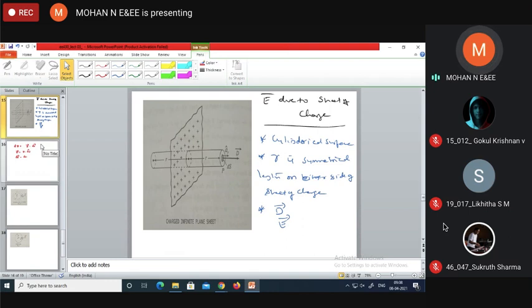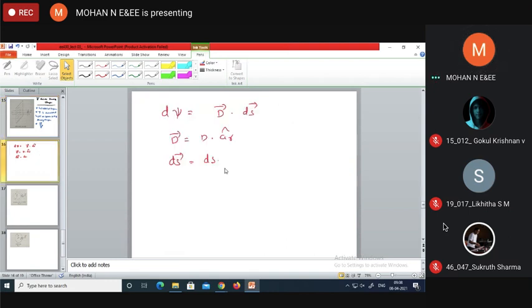The unit vector along the field. So if you multiply a_r cap and n cap, as before, it will be equal to 1. Therefore, d psi is equal to D vector dot dS, that is D into dS into a_r cap dot n cap. So finally, d psi is equal to D into dS.